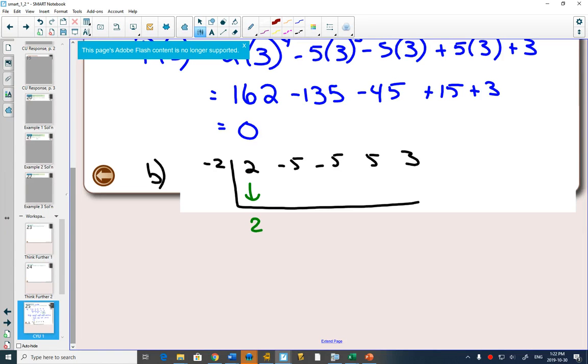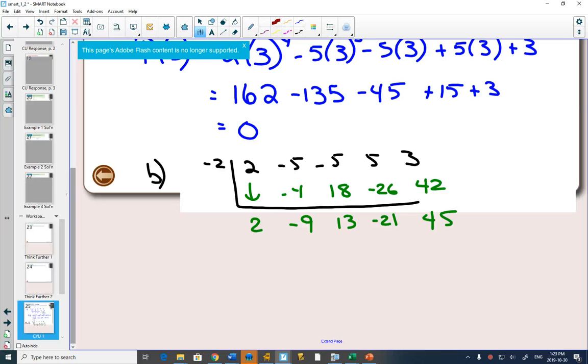Bring down the 2, multiply, add, multiply, add, multiply, add. Oh, a little bit bigger numbers this time with synthetic division.